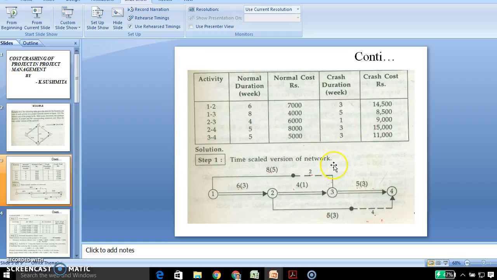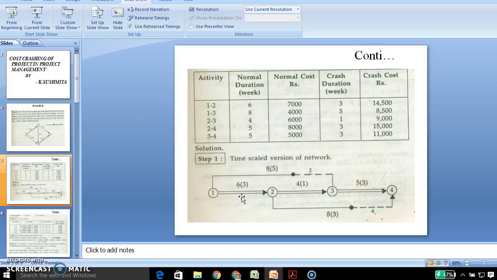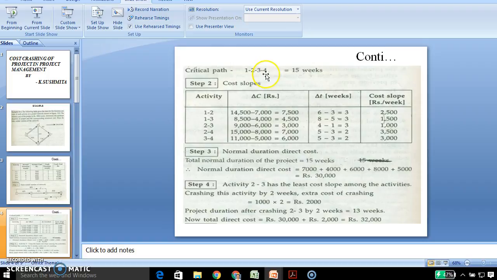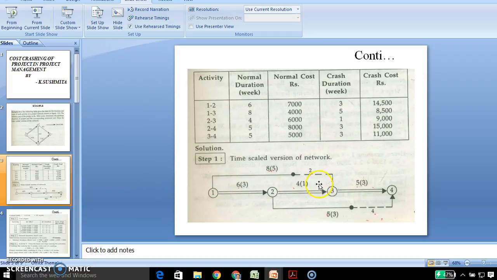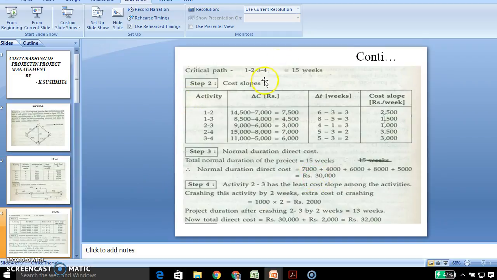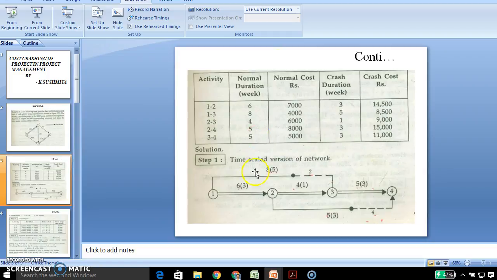First, we should draw the time network for the given network, and here the critical path is shown. We should find the critical path. The critical path goes through activities 1-2, 2-3, and 3-4. We add the durations of the critical path activities, 6 plus 4 plus 5, so the critical path is 15 weeks.